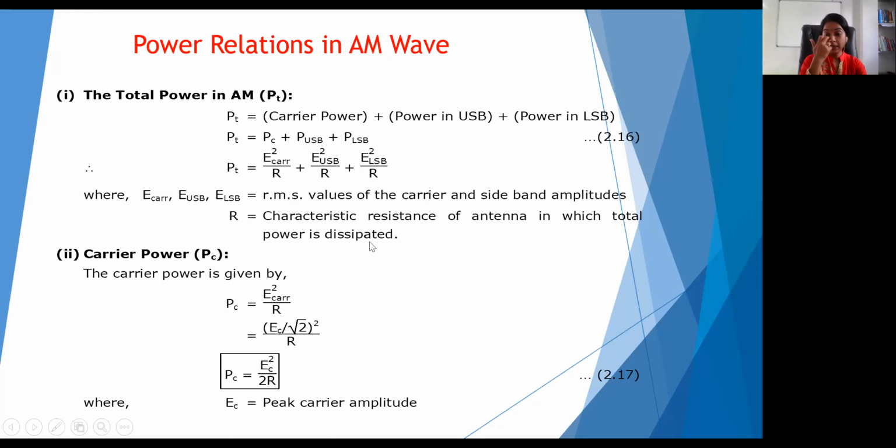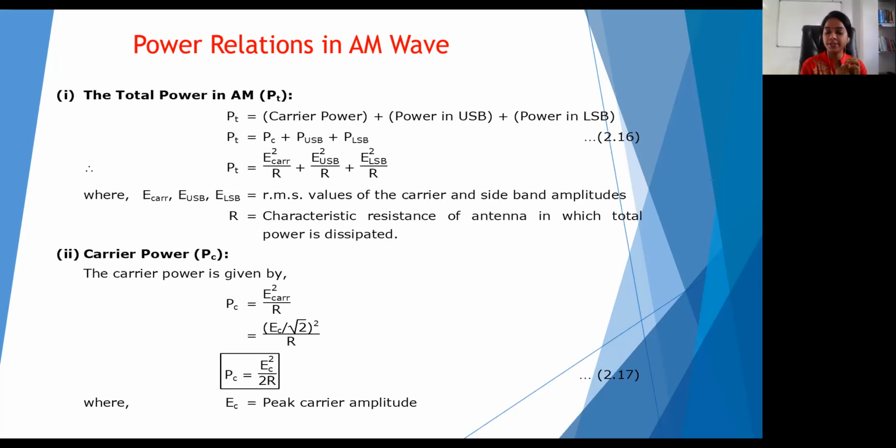Okay, this thing you will have to remember: from where you get the R value, the resistance value. This is the resistance of the antenna. When we are calculating power, we are also considering the resistance of the antenna. It must transmit whatever power you are giving to it.